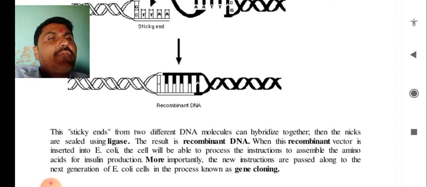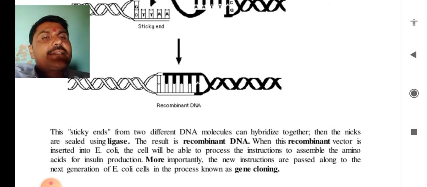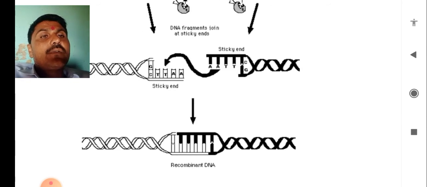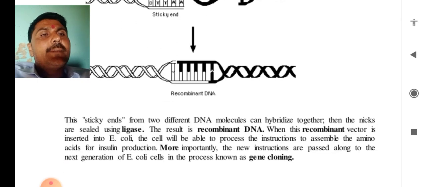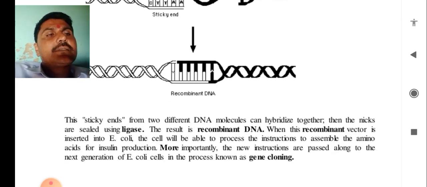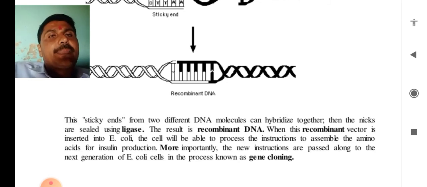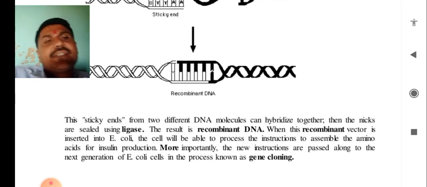When the recombinant vector is inserted into E. coli, that is Escherichia coli, what have they done with the help of the ligase? They have sealed the DNA, and now it completely becomes the recombinant DNA.